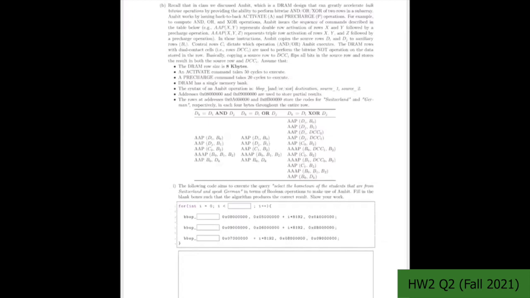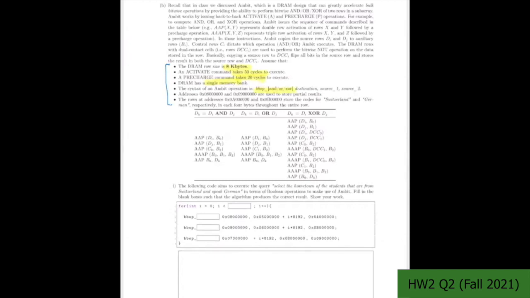And here are some assumptions about the memory device that is going to be used to execute Ambit operations. The DRAM row size is 8 kilobytes. The activate command takes 50 cycles to execute. A precharge command takes 20 cycles to execute. The DRAM has a single bank. The syntax of an Ambit operation is BBOP, and then you decide if it's an AND or XOR operation.